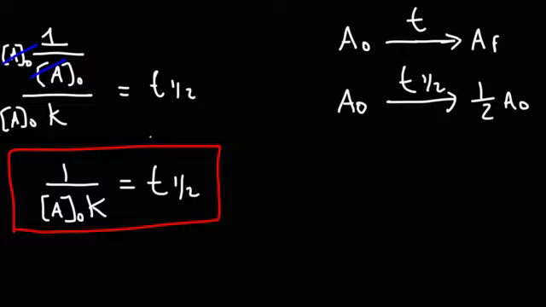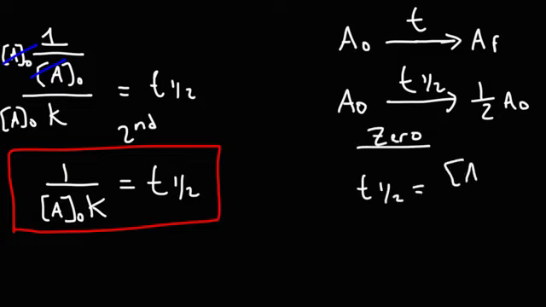Notice the difference between a second-order reaction and a zero-order reaction. The half-life expression for a zero-order reaction was A initial over 2K.